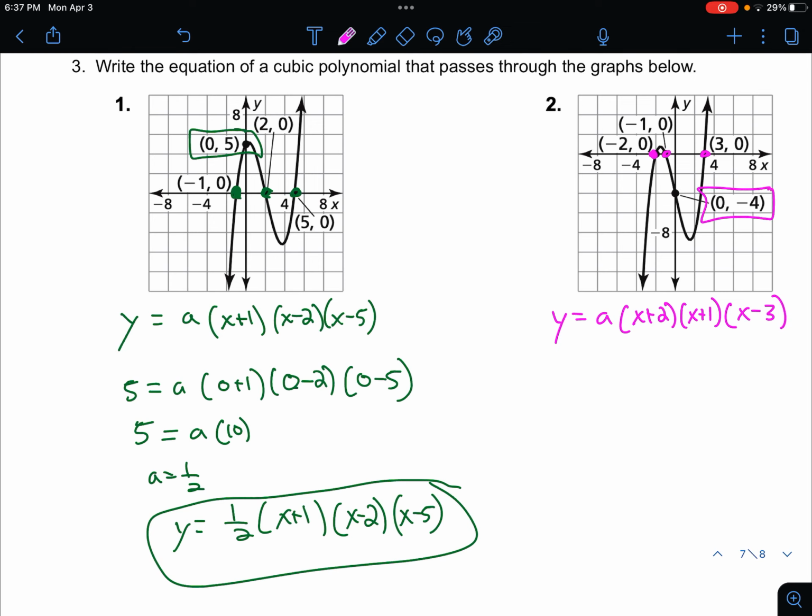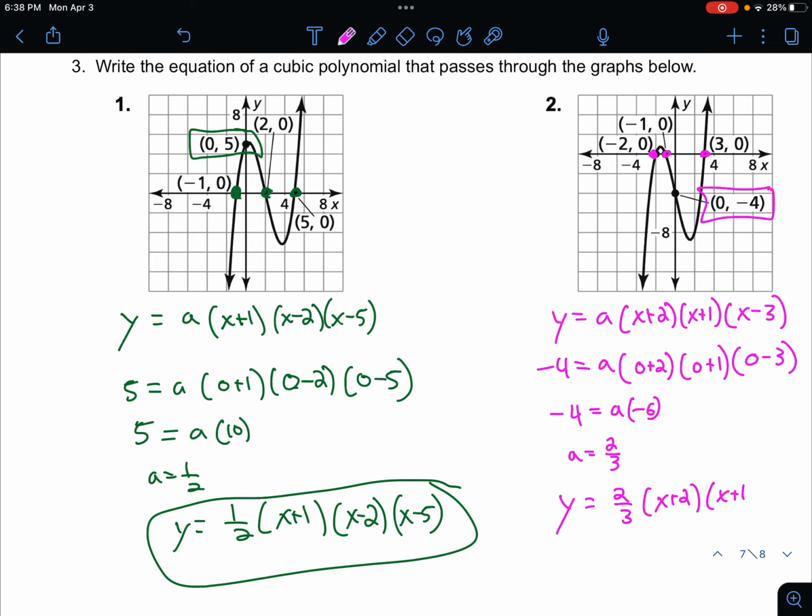We have a point, 0, negative 4, so negative 4 equals a, 0 plus 2, 0 plus 1, 0 minus 3. Negative 4 equals a. 2 times 1 is 2, times negative 3 is negative 6. So a is going to be equal to 2/3. Put all together, we get y equals 2/3, x plus 2, x plus 1, x minus 3. And we are so happy. Very well done.